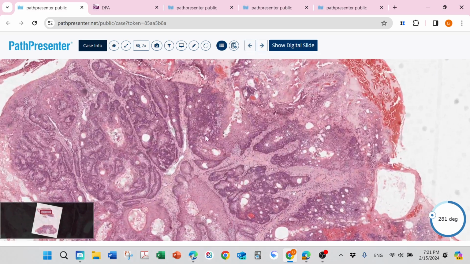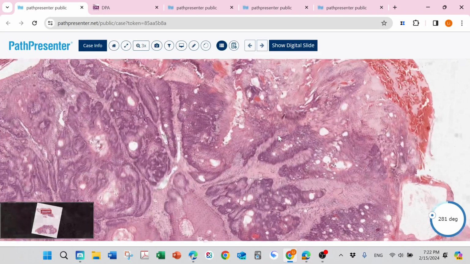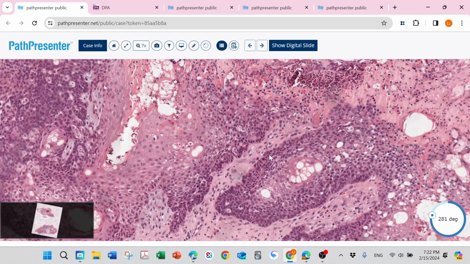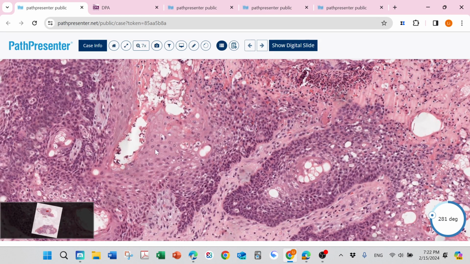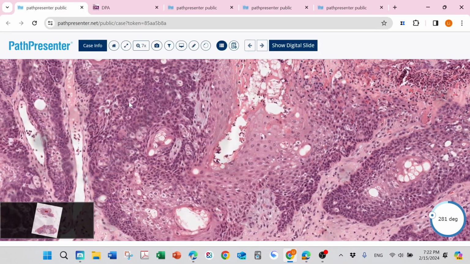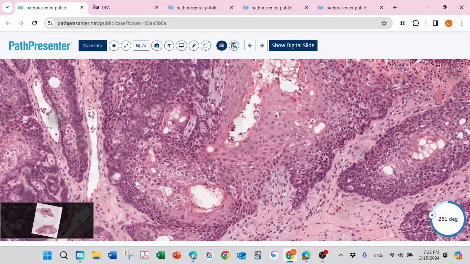Then, even at low power, other than this bubbly sebaceous gland, we have a multi-layer of hyperchromatic, bluish basaloid cells. When we zoom in, yes, we can see not just sebaceous differentiation around. We also have this hyperchromatic cell, multiple layers of them.